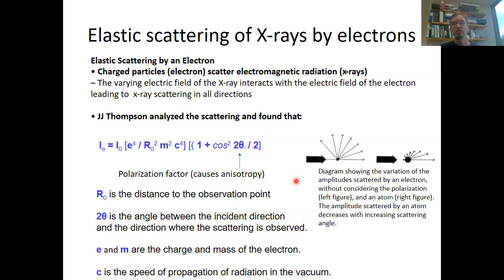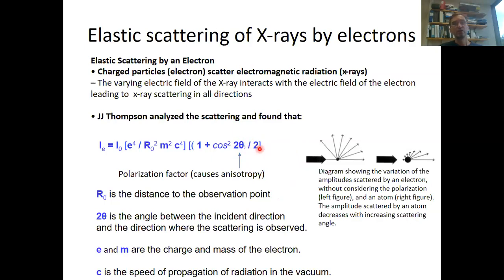So for instance, if we measured the X-ray intensity directly behind the electron, then 2 theta would be equal to 0. And 90 degrees would mean that the angle between the observation point and the incident beam would be 90 degrees.